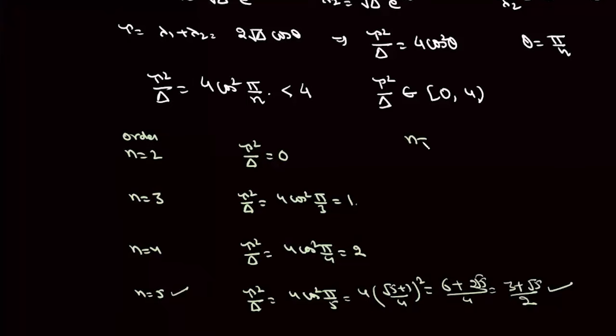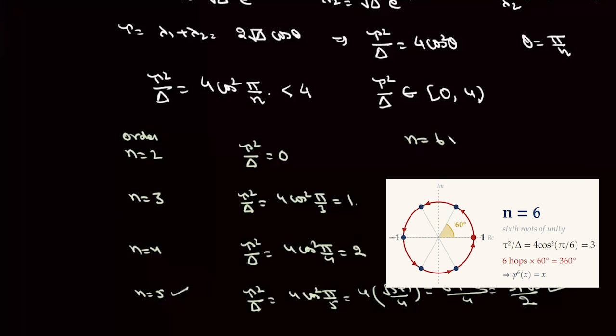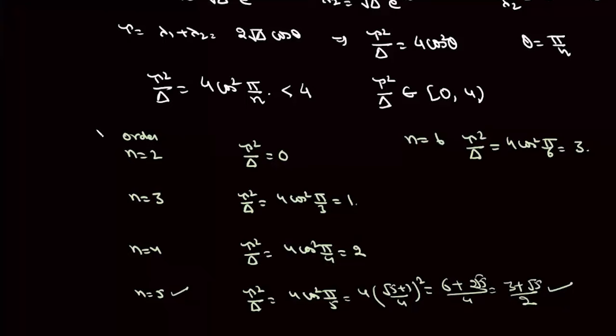And if n is 6, we get tau square upon delta is 4 cos square pi by 6, which is simply 3. So this is where our result has come from. And since tau square upon delta is 4 cos square pi by n, its value must lie between 0 and 4. Outside of this range, we are never going to have a finite order.